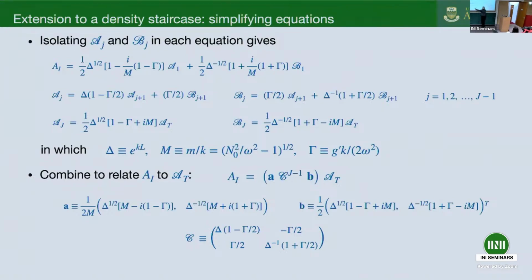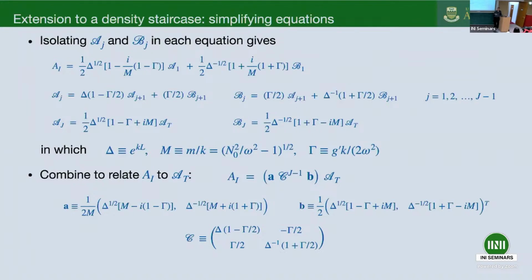It's that matrix right there. And if I have J steps, then this is to the J minus 1. That's because if I have J steps, I have J minus 1 interfaces just below the top and just above the bottom. So that is at least a closed form that relates my incident wave amplitude to my transmitted wave amplitude.